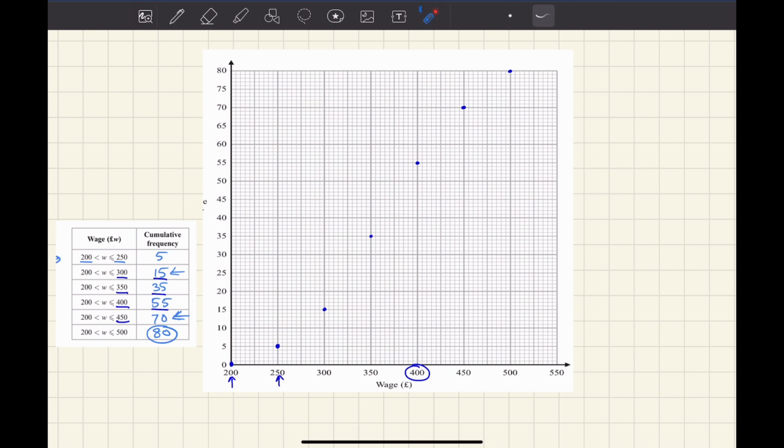So my curve will go like this. Like that. There you go. Okay. Let me just mark it with the pen. There you go. Okay. So that's my cumulative frequency curve.